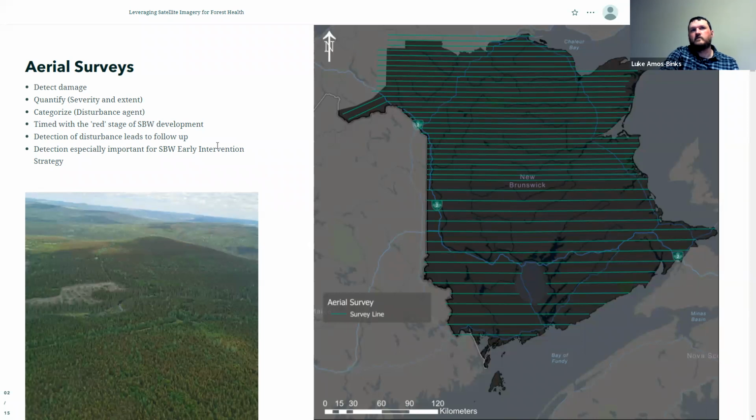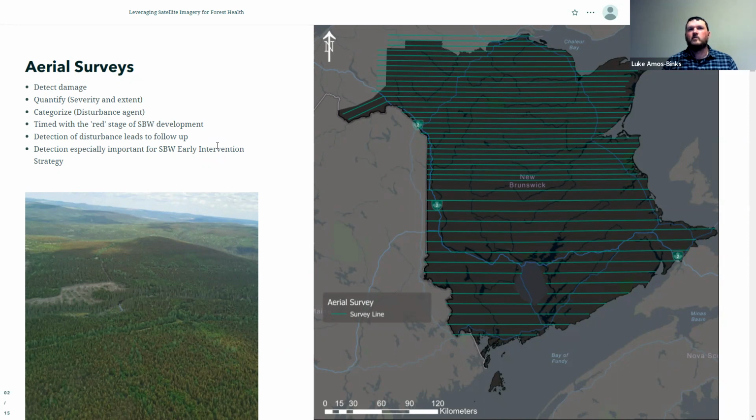And detection of these disturbances is especially important for the spruce budworm early intervention strategy that's being employed in the Atlantic provinces. For those that don't know about this project, the idea is to try and keep spruce budworm populations low, so that we don't get an outbreak on the scale of what we've seen in the past.